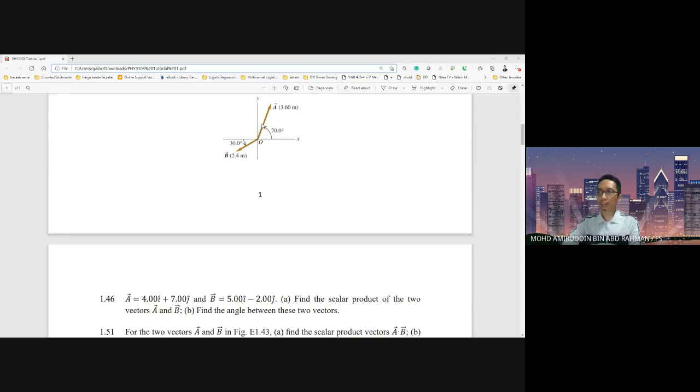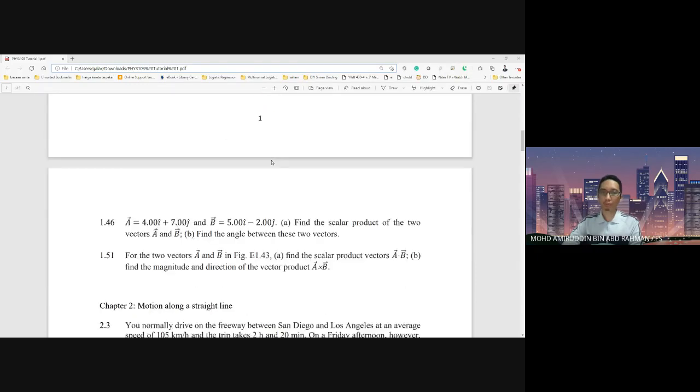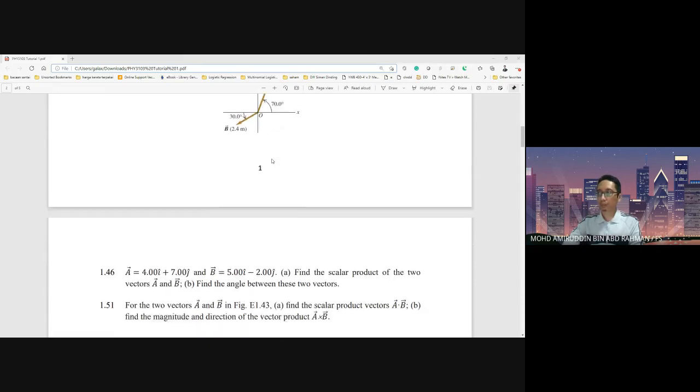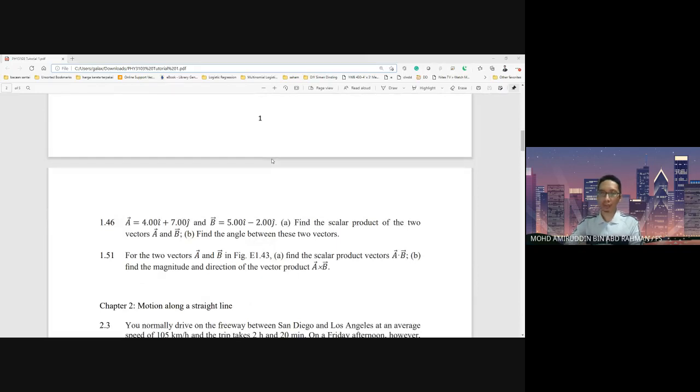This is 90 degrees, so it will be 20 plus 90, so it's 110, plus 30, so it will be 140. So cos 140, and then what are A and B? The magnitude of A is already given, 3.6, times 2.4 cos 140. So the answer is minus 6.62 meter squared. So that's the answer for A.